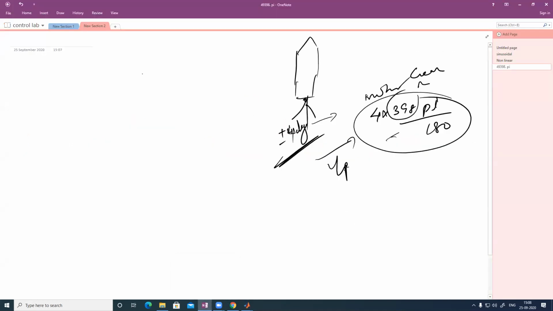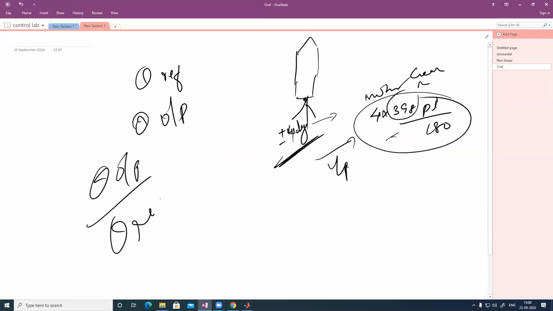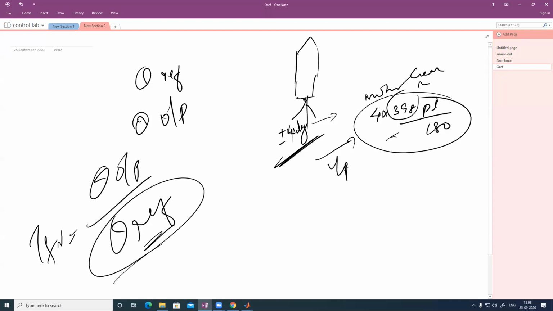Because you are measuring theta reference and theta output, you are taking the transformation between theta output to theta reference. This is the transformation. So the theta reference is this one. That is 100% command amplitude is this one. Clear? Yes, sir. Got it.